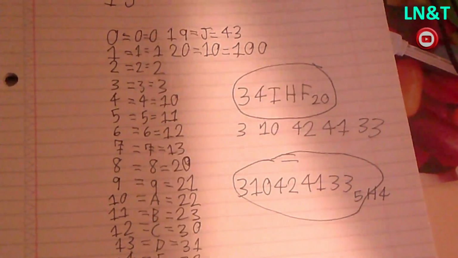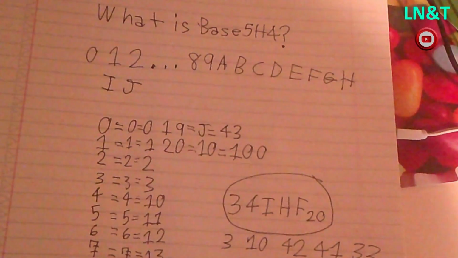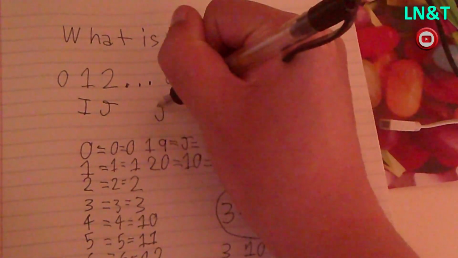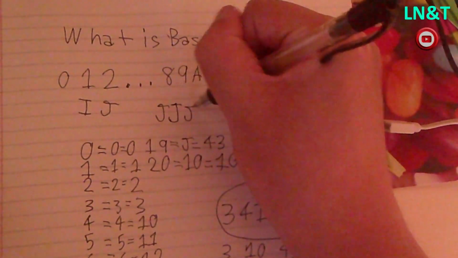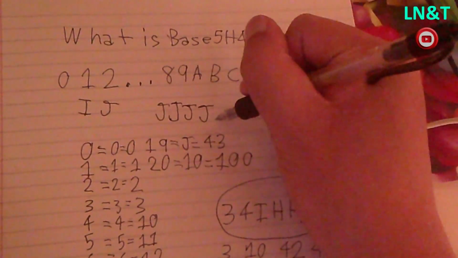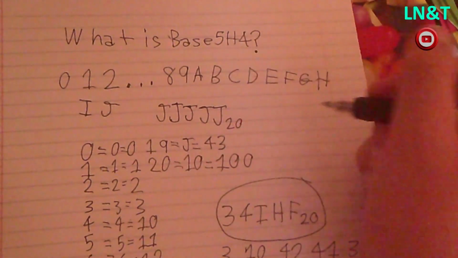So say if you were to write, I don't know, just a bunch of J's, J, J, J, and that'd be 20.